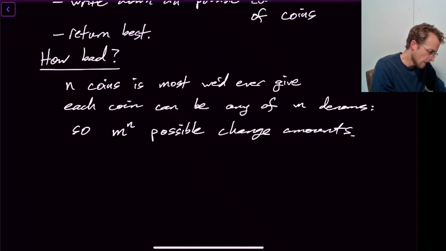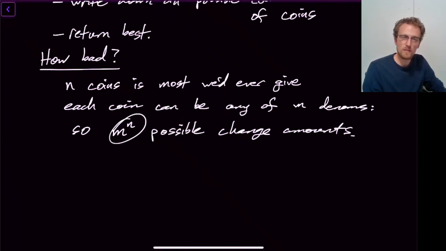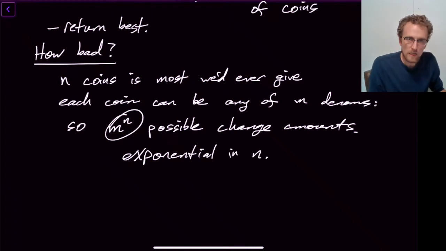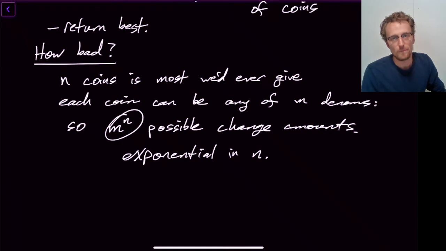So this is a problem, right? We know this exhaustive search is not going to be worse than this, but this is exponential in n, and it's a potentially very large polynomial in m, right? So both of those are bad. It's the exponential one that we should worry about.